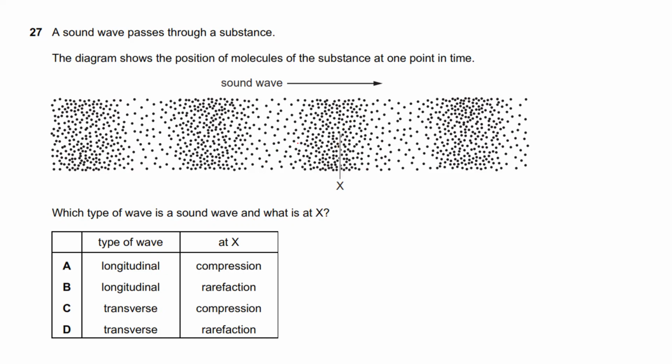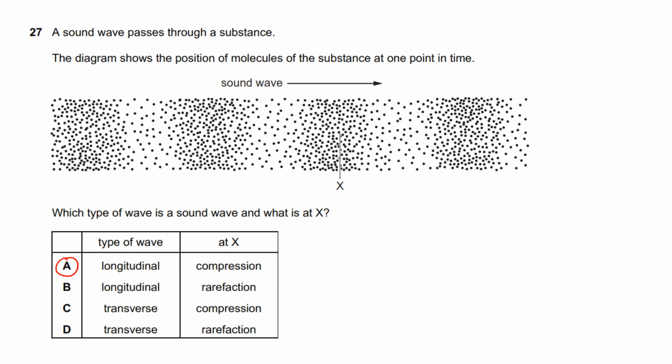We can see that the molecules are compressed in region X, whereas the molecules are far apart, rarefaction, in the other regions. So the wave is longitudinal and compression is taking place at X. Answer A is the right answer.